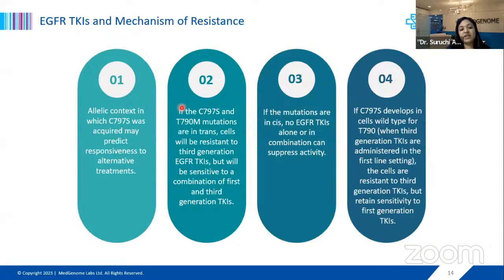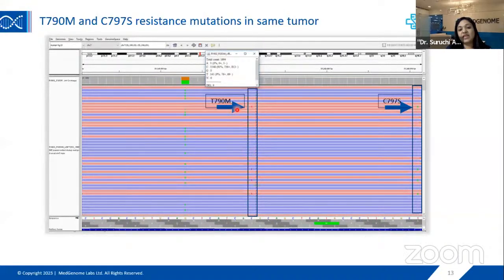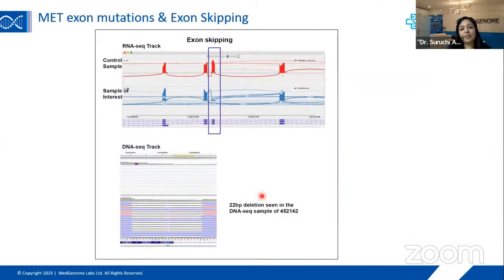And this information is very important to understand the therapeutic approach, because if they are in trans, the cells will be resistant to third generation EGFR TKIs, but they will be sensitive to a combination of first and third generation TKIs. And if they are in cis, then the therapeutic approach will be different. So therefore, next generation sequencing based technique gives us this information of cis and trans for these resistance mechanisms.